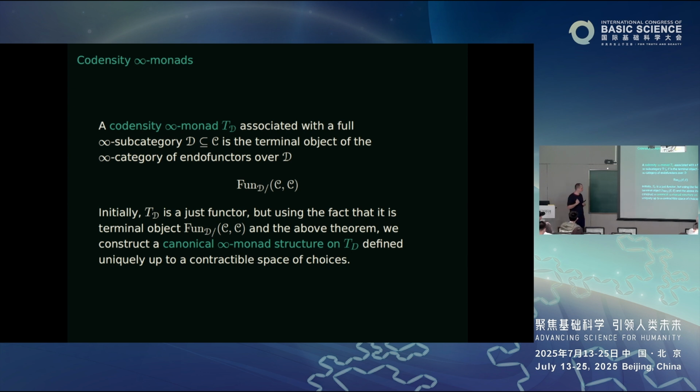This canonical structure of infinity monad is not uniquely defined. It is uniquely defined only up to homotopy in some sense, or you can say up to a contractible Kan complex of choices. Okay, but we have it, and this is enough for us. We don't need the unique choice.